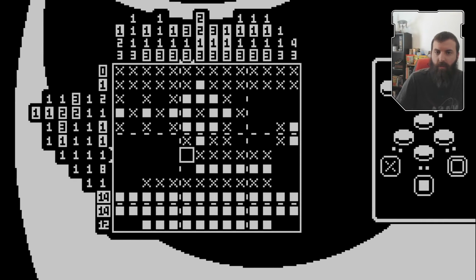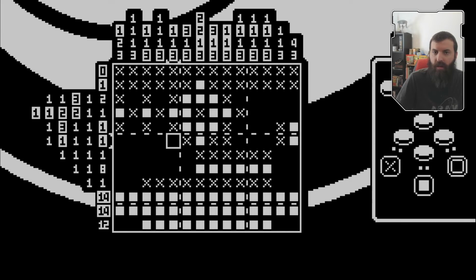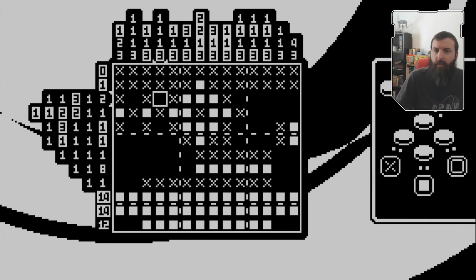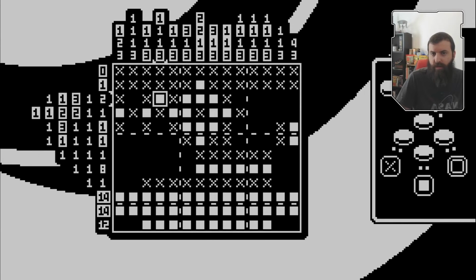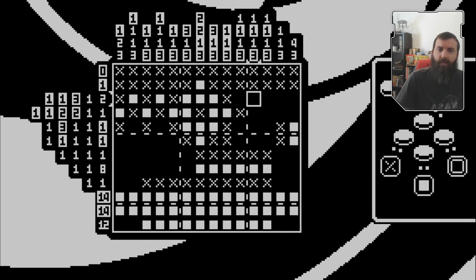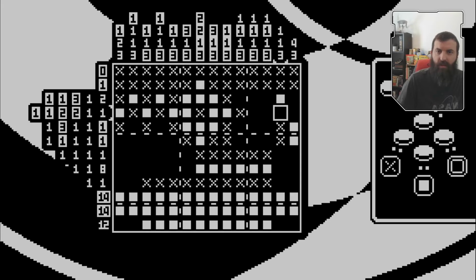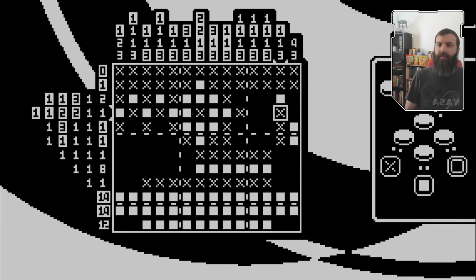The 1 could be either place there, anywhere in here. But going back to our horizontal 1, 1, 3, 1, 2, these have to be the ones. 1 space 1, 2. The 2 has to fill in this pixel. This is a vertical 1 there, so that has to be X'd out.